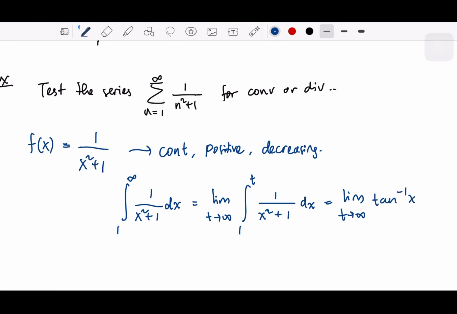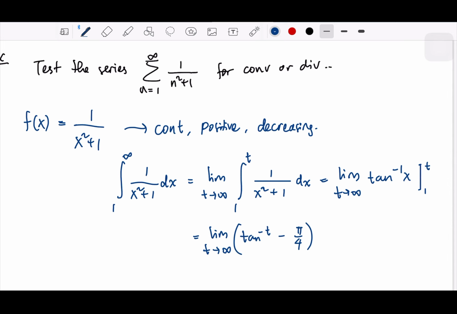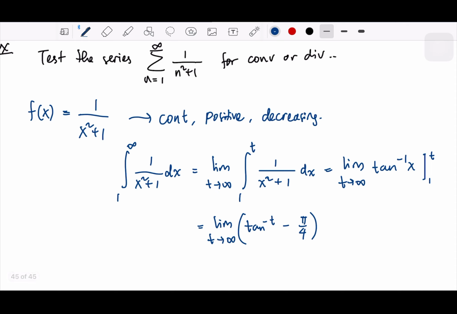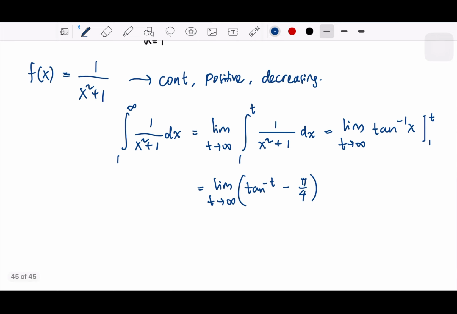This will be a tangent inverse. Okay, tangent inverse has a finite value at infinity, right? It has pi over 2, if we imagine that in the first quadrant. So this will be pi over 2 minus pi over 4, which equals pi over 4.